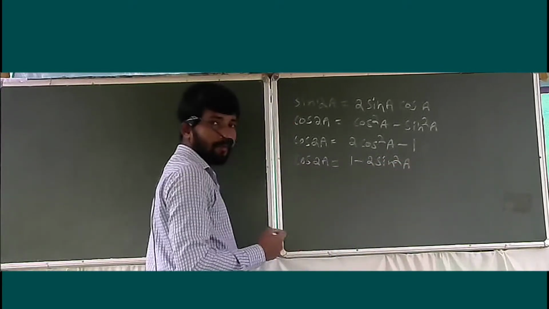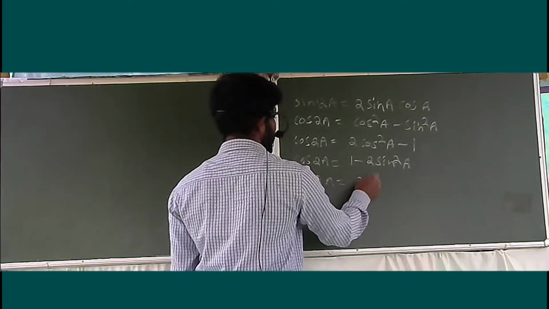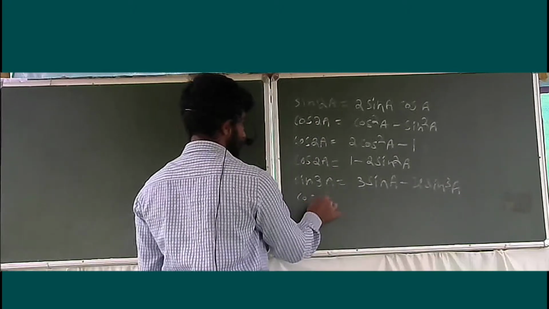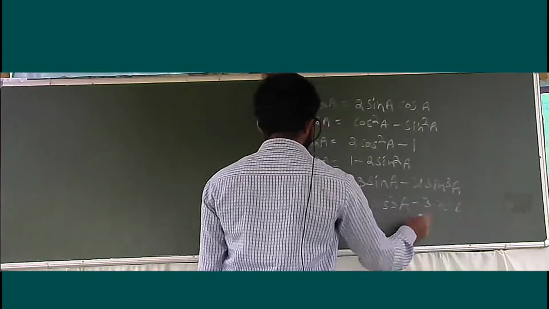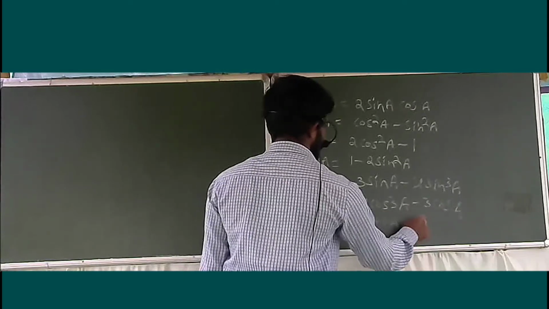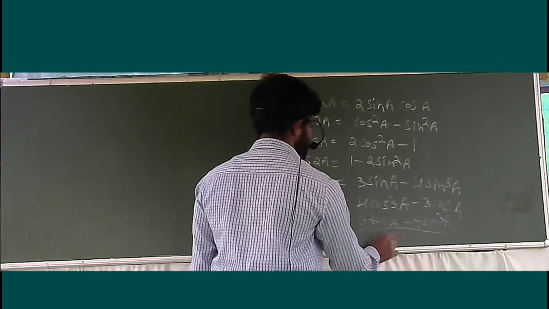Then 3a formulas, right? Sin 3a is equal to 3 sin a minus 4 sin cube a. Then cos 3a is equal to 4 cos cube a minus 3 cos a. Then tan 3a is equal to 3 tan a minus tan cube a divided by 1 minus 3 tan square a.